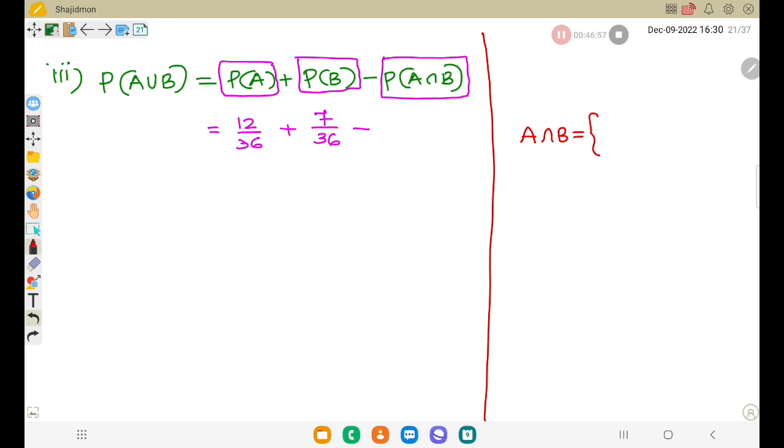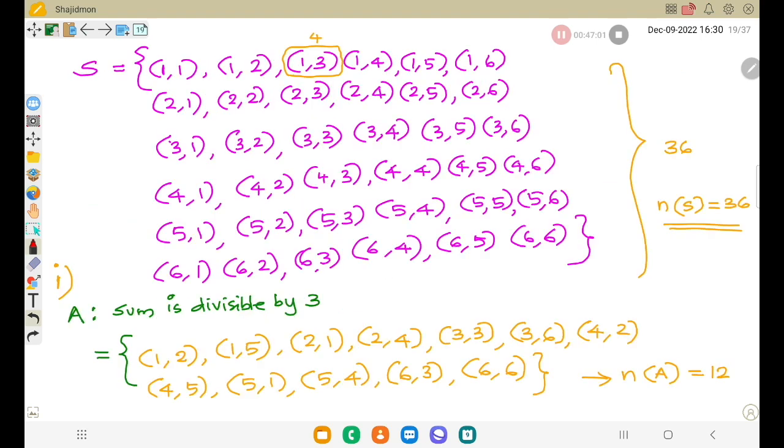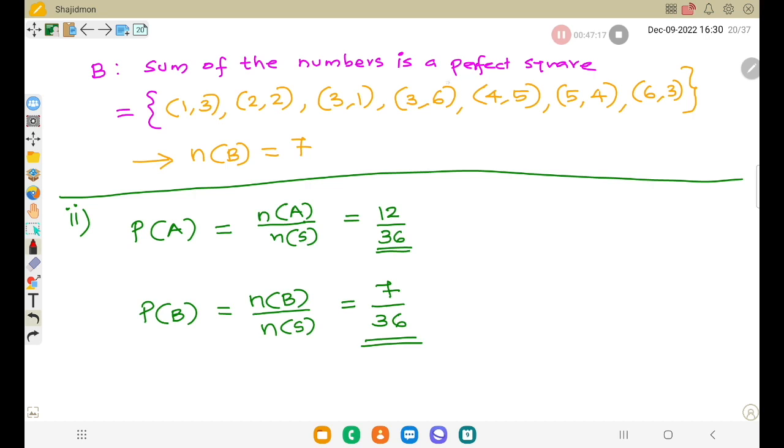That means for A and B, what are the common elements? In the A set and B set, what are the common elements? This is the A set, correct? And the B set. We need to write that, so you can compare and write it. For example, here see the 3, 6 element is there. 3, 6 is also coming in B. Correct?